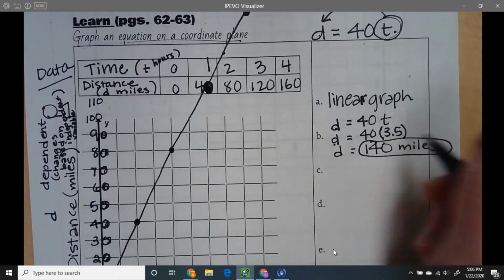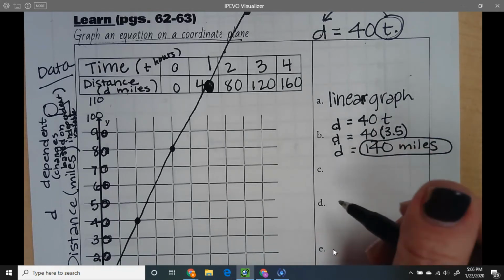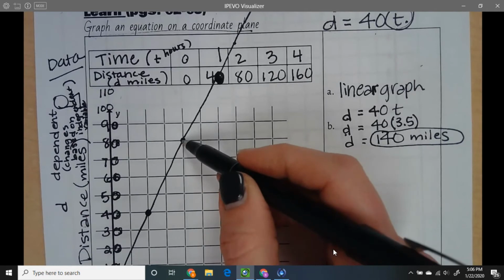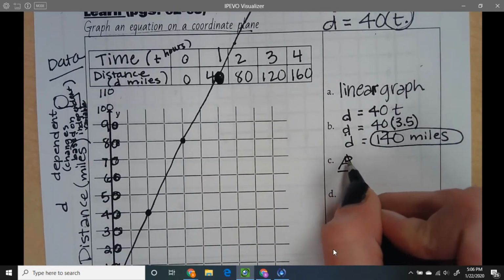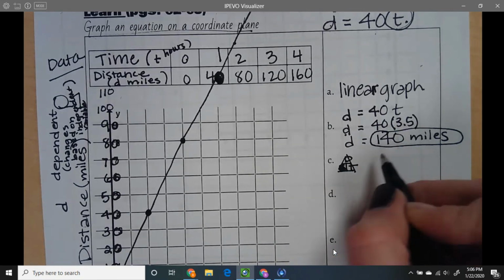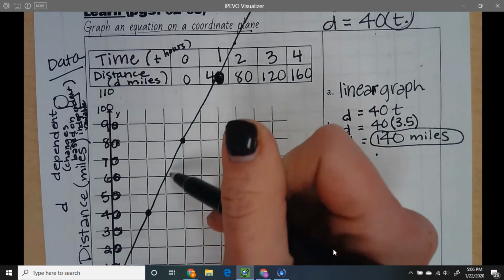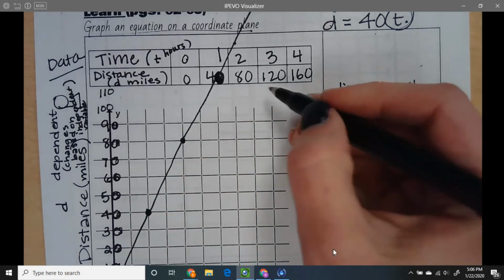And then C says, what is the speed at which Angela is driving? So I just need to take speed. So that would be distance divided by time. So distance, I just need to find one of them. So I could find 40 right here. And I could divide it by 1.